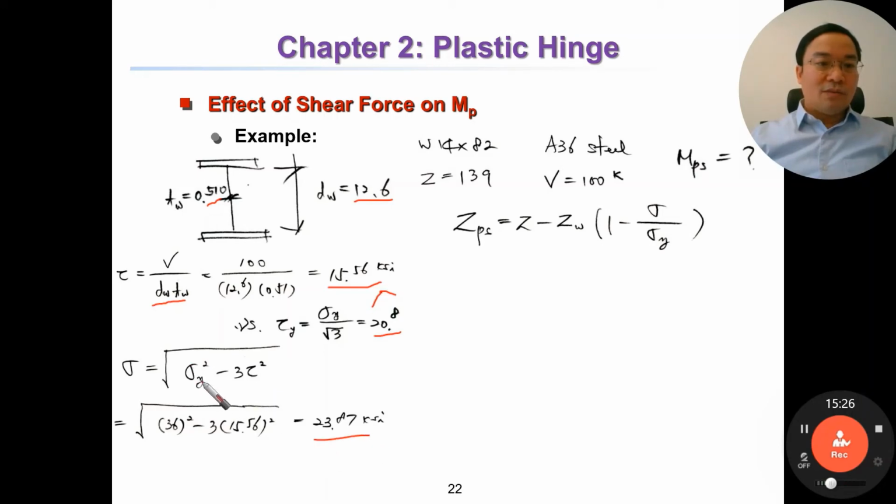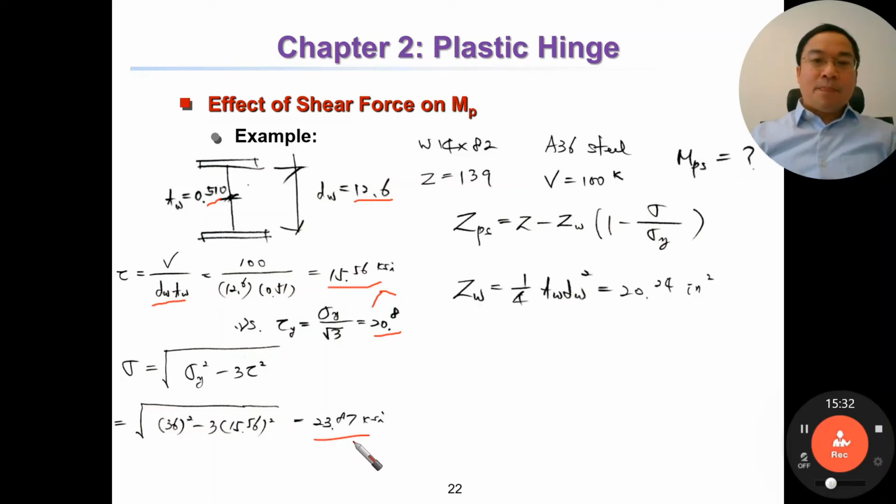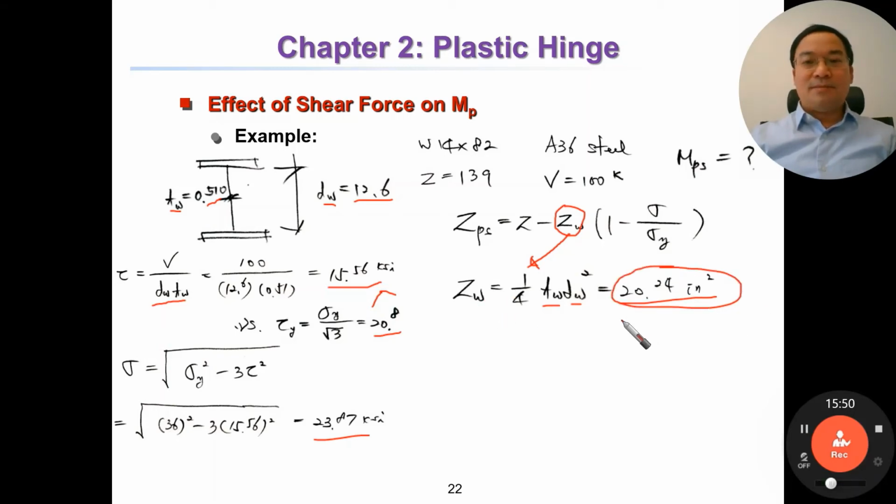We have sigma y and we have tau here, and we can calculate sigma. And this one is a function of here tw and dw. And finally we have Zw equal to this one. Now we have all.